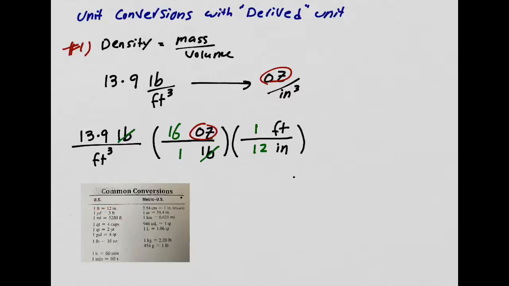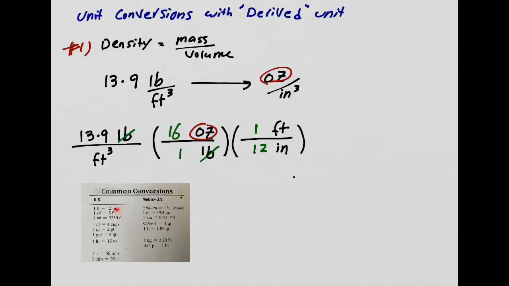Alright, now here's the problem. I am not trying to cancel out feet. What am I trying to cancel out? Cubic feet. Not feet. Cubic feet is what I'm trying to cancel out. Now, I cannot just put a cube over here. The reason is that feet and inches over here, do they have cube?